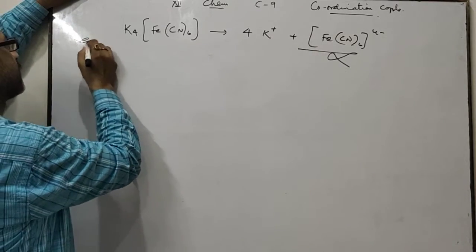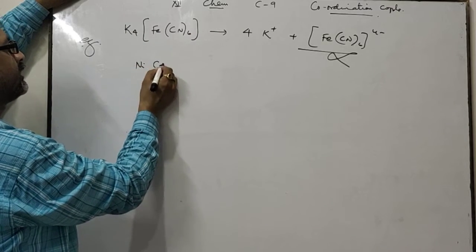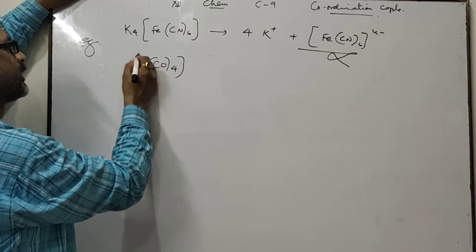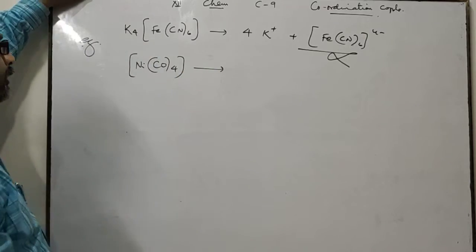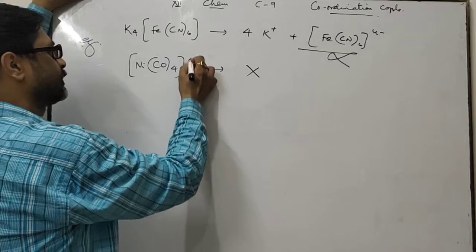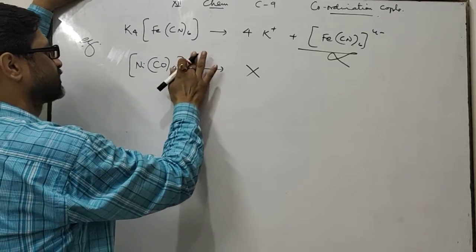Take one more example. This is a type of coordination compound, Ni(CO)4. This compound cannot be hydrolyzed because no other atoms or ions are present here.